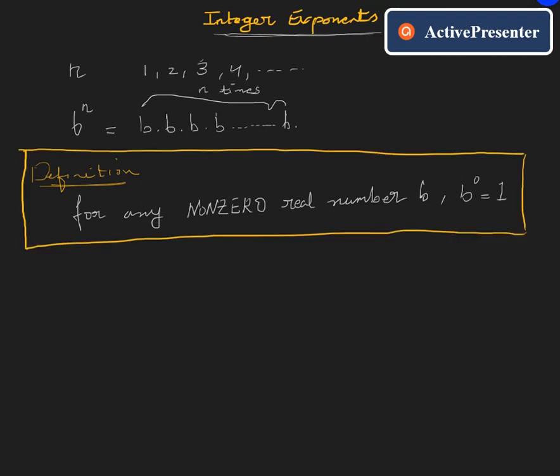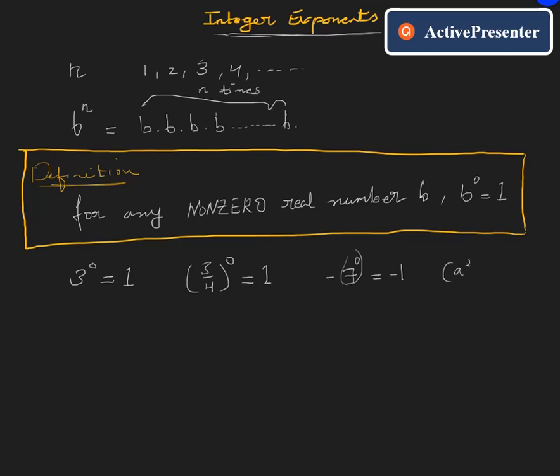For example, 3 to the power 0 is 1. 3 over 4 to the power 0 is 1. Minus 7 to the power 0. Here the base is 7. So the answer is minus 1. Minus is outside and we are dealing here. Okay?